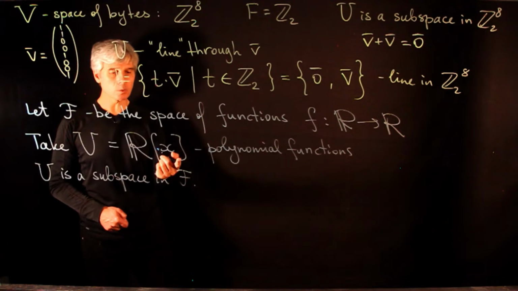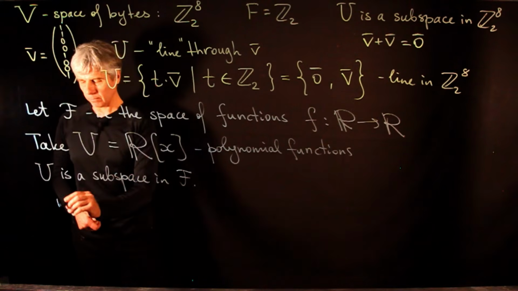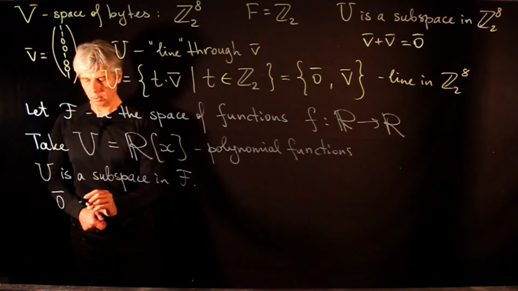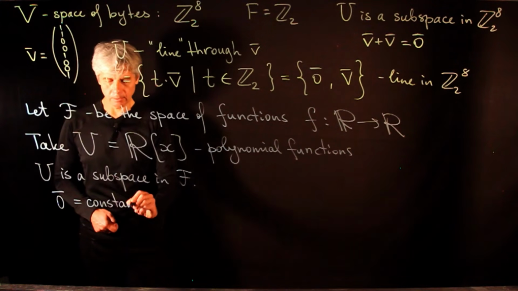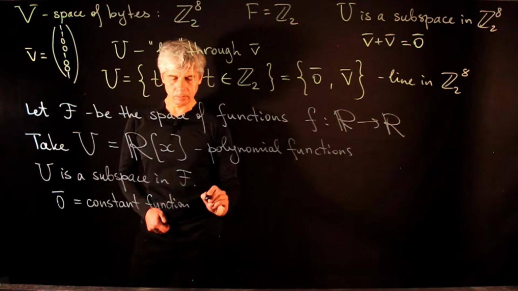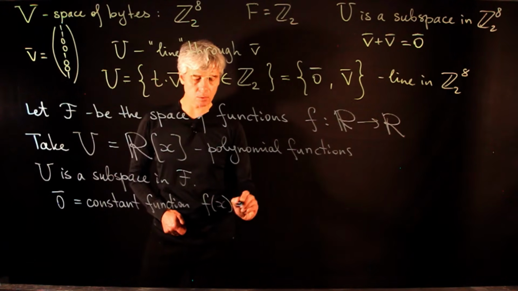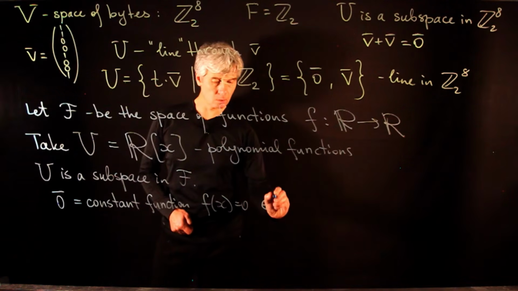And constant 0 is a polynomial function. So this means that 0, which is a constant function, so f of x is equal to 0, is in U.